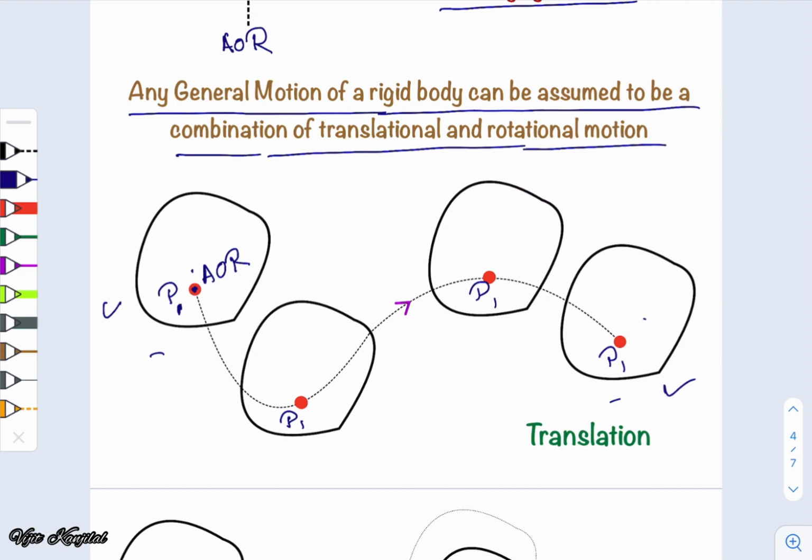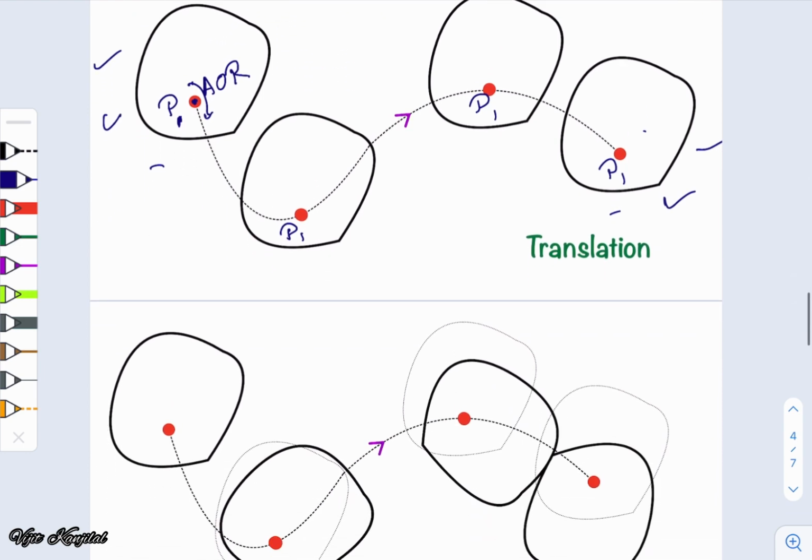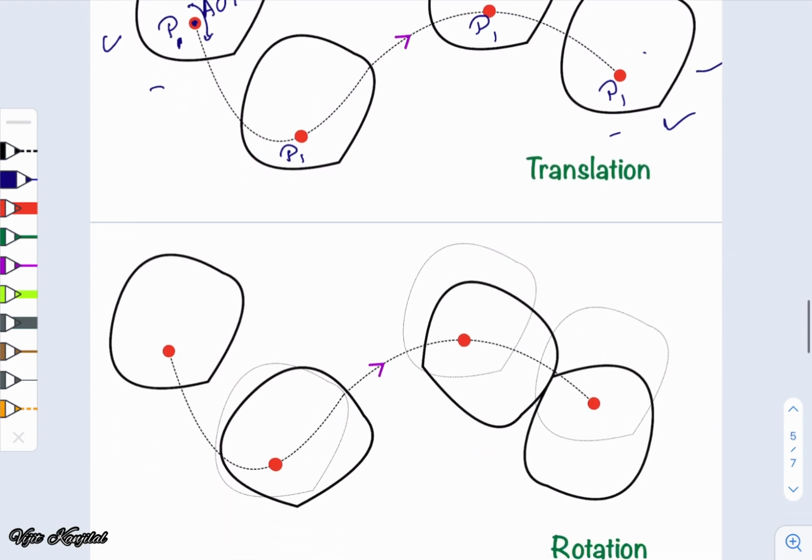It's perpendicular to the plane of the screen. It's coming out of the plane of the screen. And while this body is translating from here to here, this body is also rotating with respect to this axis of rotation. This is illustrated in this particular figure. So while this body is moving from this location to this location, with respect to the axis of rotation, it is also rotating.